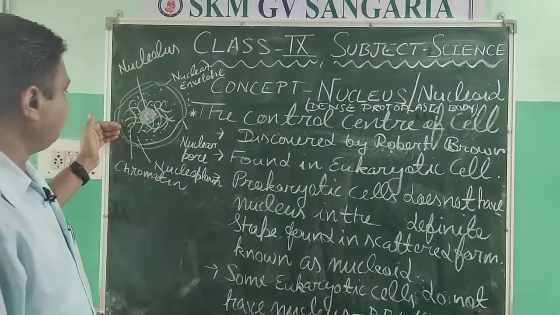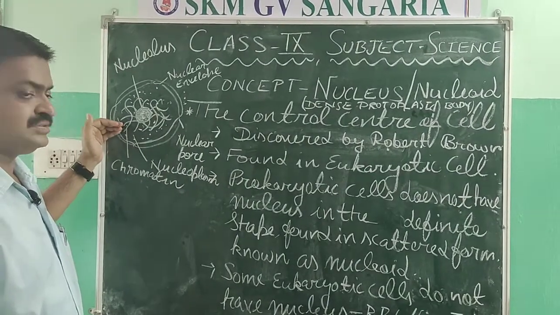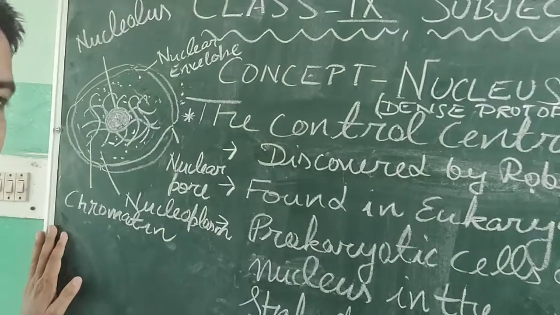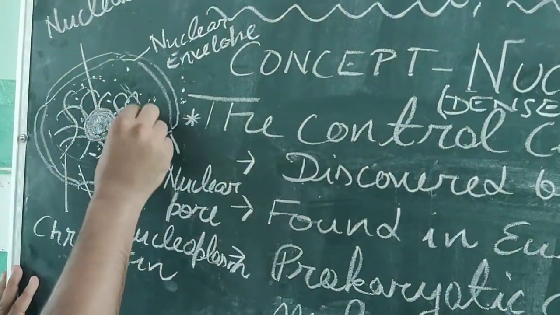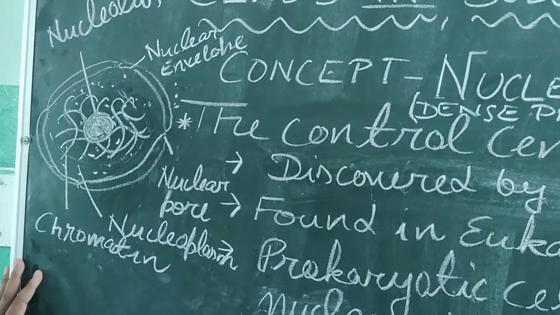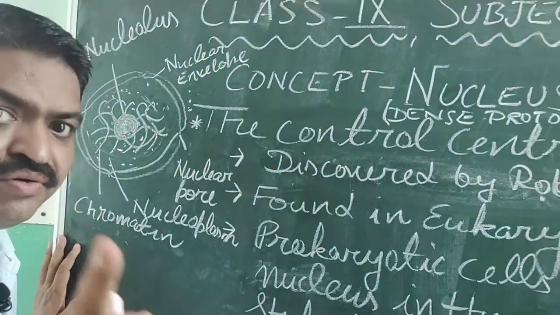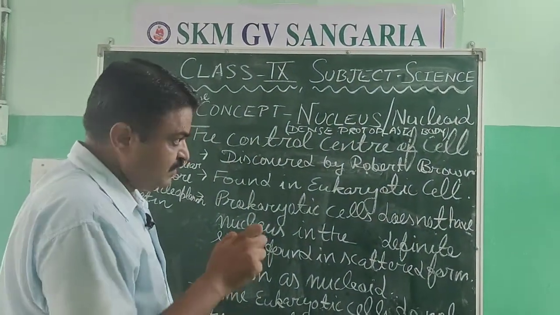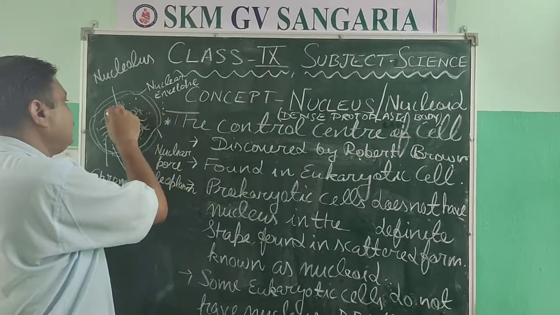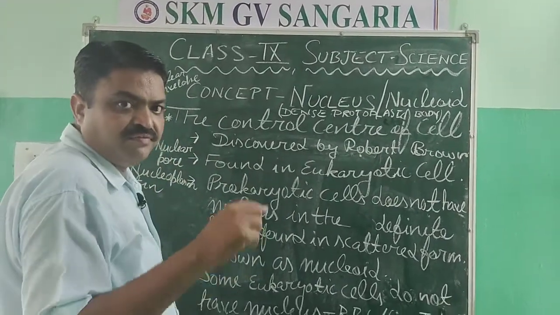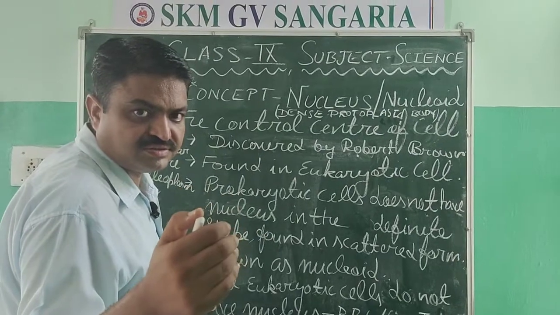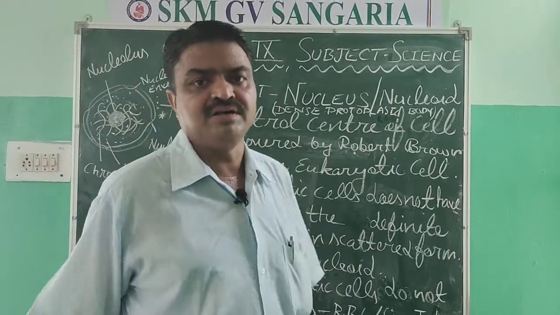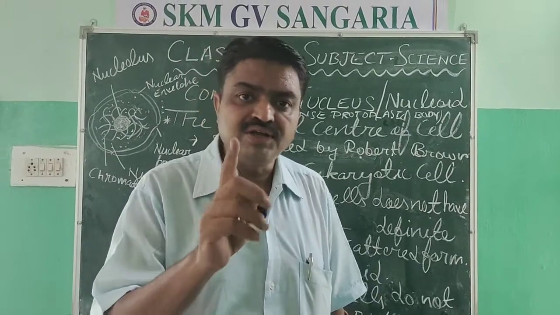So it is about the nucleus, and this chromatin material of the nucleus is responsible for heredity, means they have the genes, and with the help of those genes, traits move from one generation to another generation, students.